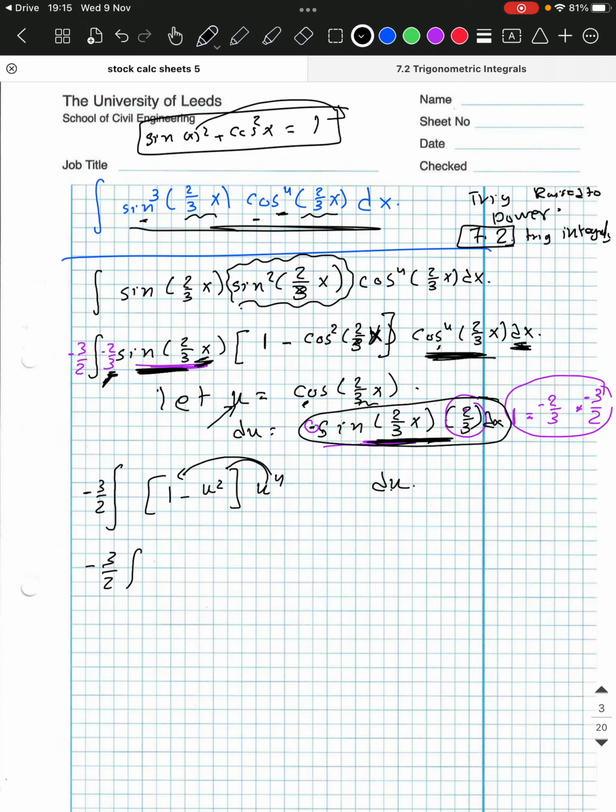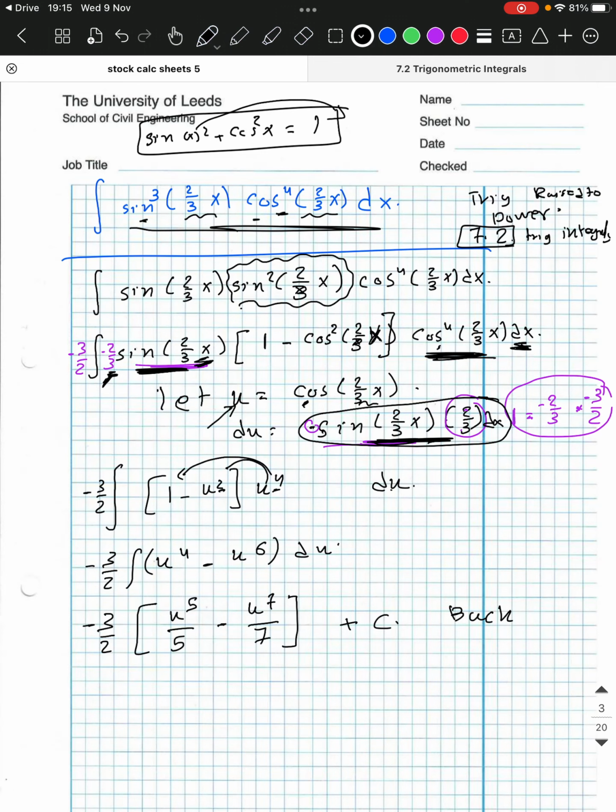We'll multiply these to become a very simple integral we could solve easily: u to the power 4 minus u to the power 6, because when we multiply, we add the powers, du. I integrate normally, like anything else: u to the power 5 over 5 minus u to the power 7 over 7 plus c.